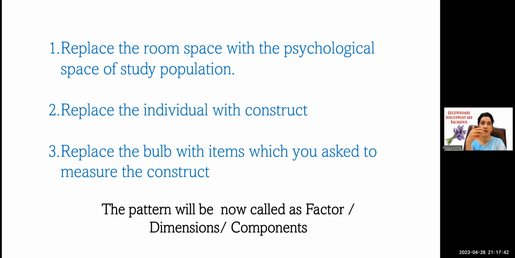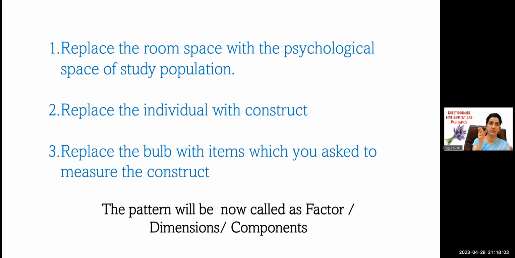So first, you replace this room space, wherever you are sitting, with the psychological space of that person. Okay, because the construct is the psychological space of the study population. You replace the individual, the person who was moving, with the construct.